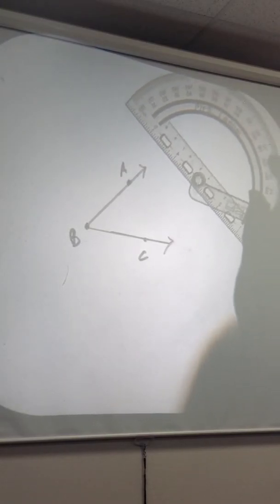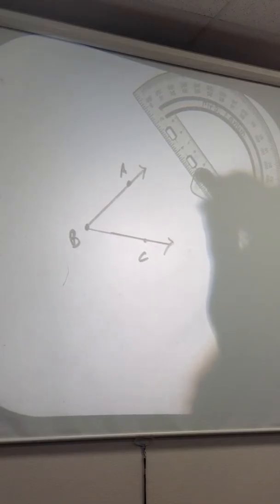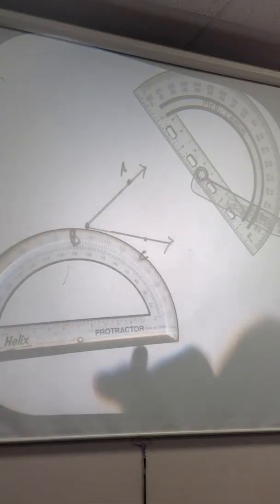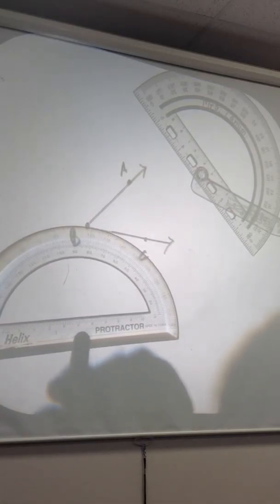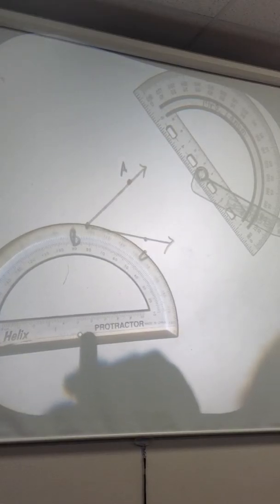Now, when you deal with a protractor, there is a 0 point. In this protractor, it's right there. That has to be placed on the vertex of your angle. If you have one that looks like this, it's right here. Okay? Still has to be there.